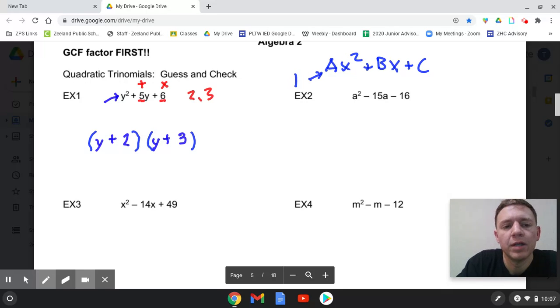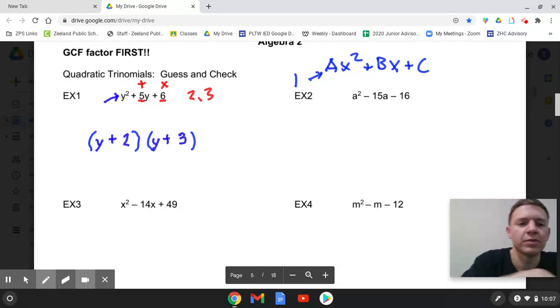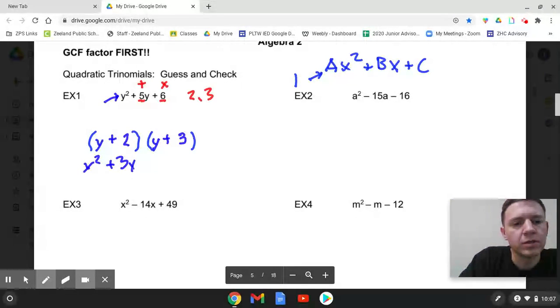Those 2, I believe, are the factors of that trinomial. And there's a quick way to check. You just FOIL that. You just have to multiply those 2 binomials out and see if you get the original. So let's do that. Y times y is y squared first. Outer is y times 3, plus 3y. Inner is 2 times y, plus 2y.